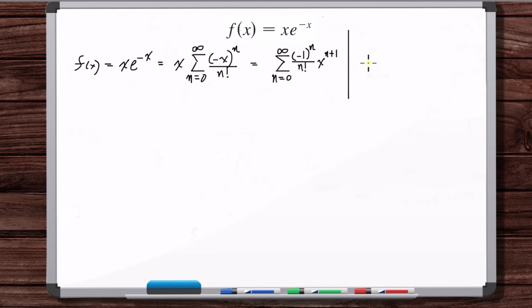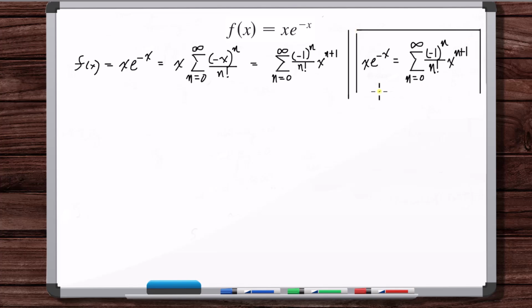That is, we've got x e to the minus x, so there is the Maclaurin series of the function.